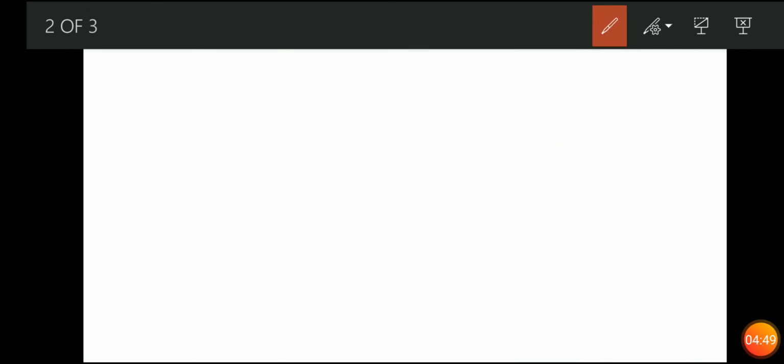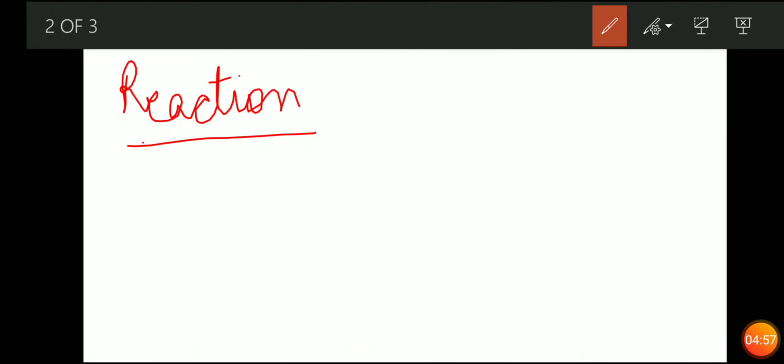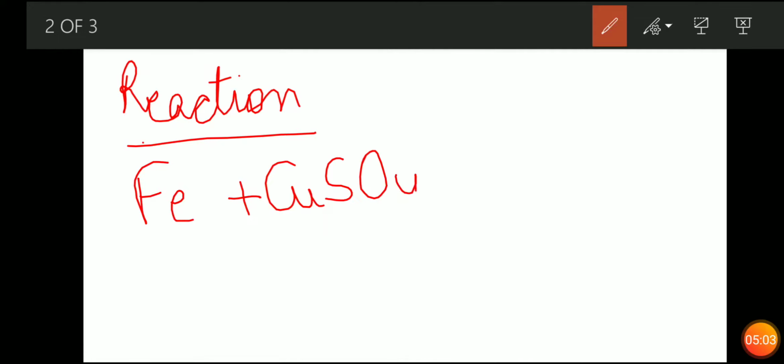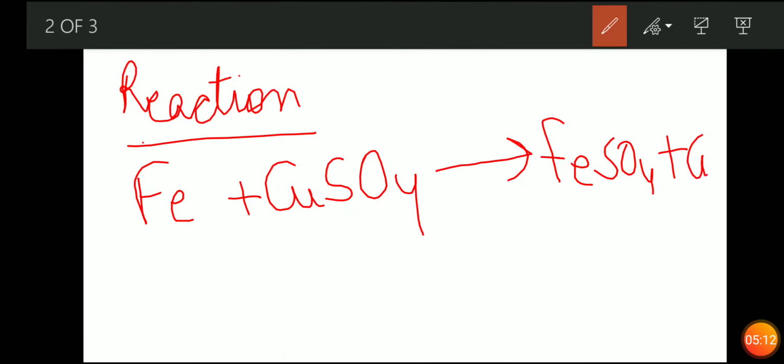Now if you have to write a chemical reaction, you will write Fe plus copper sulfate gives you FeSO4, that is iron sulfate, plus copper.